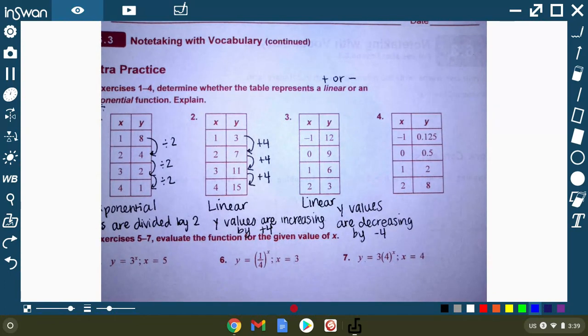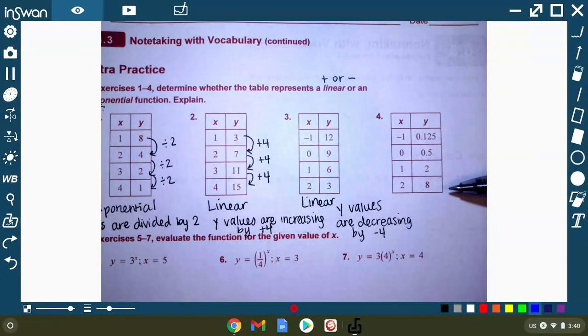And then number 4 is kind of tricky. If I start with the first couple, these are decimals, so it's a little harder to see. So I kind of suggest move down a little bit, see if you can go down from this spot. So these values are definitely increasing. So it's either addition or multiplication. And when I look at this, if I start with 0.5 to 2, if I added to get there, it would be 1.5.